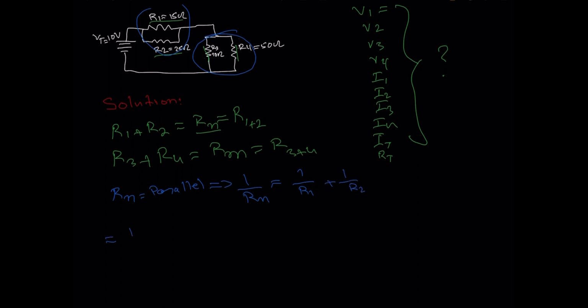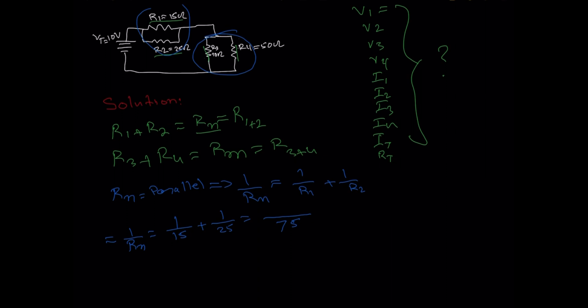R1 is 15, so it will be 1 over 15, and R2 is 25, so 1 over 25. Add these together. 75 will be our LCD here, because it can be divided by 25 and 15, and that should be the smallest such number.